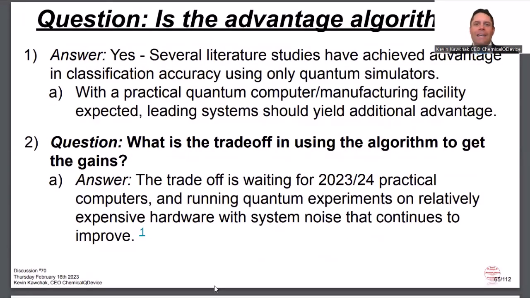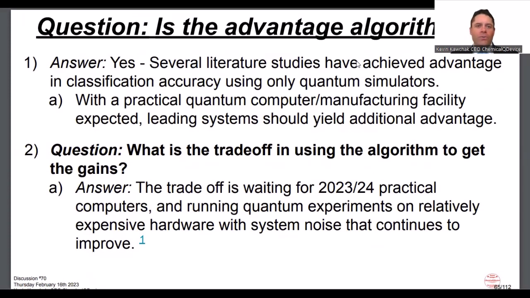So the question is, is the advantage algorithmic? Yes, this is based on several research studies on classification accuracy using quantum simulators. With a practical quantum computer manufacturing facility expected, this should lead to additional advantage. Another question, and this is the Stanford kind of thing: what is the trade-off in using the algorithm to get the gains?